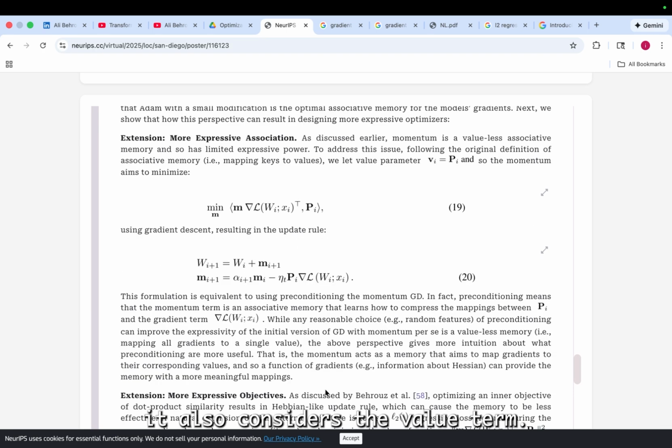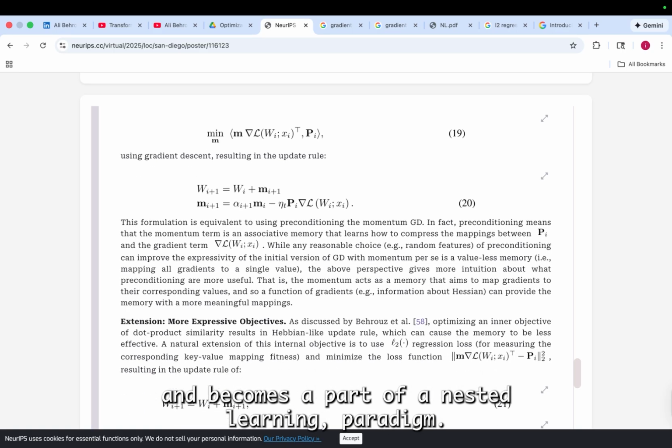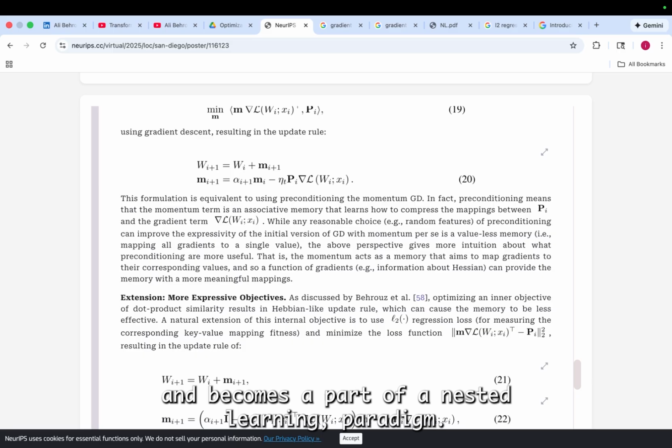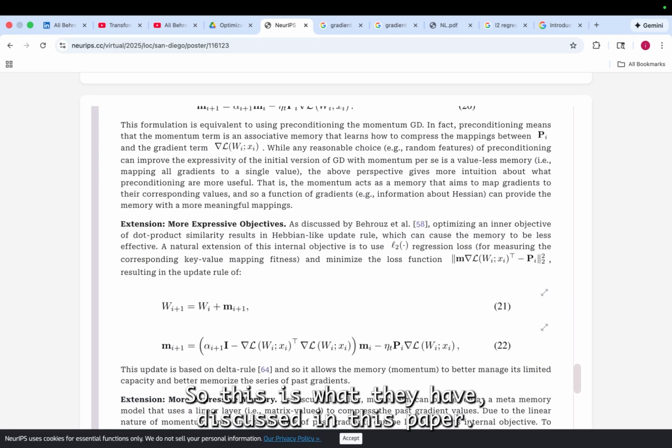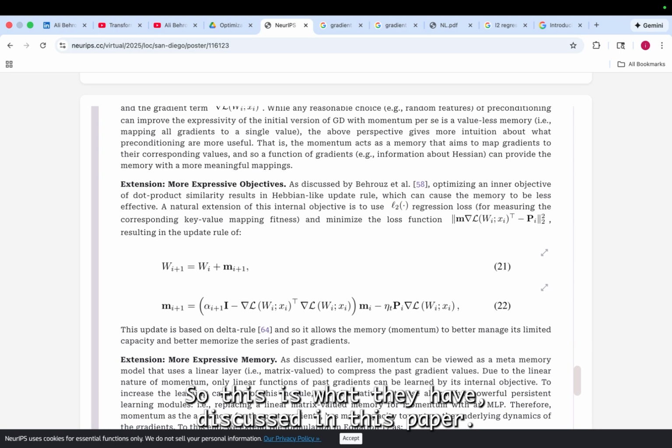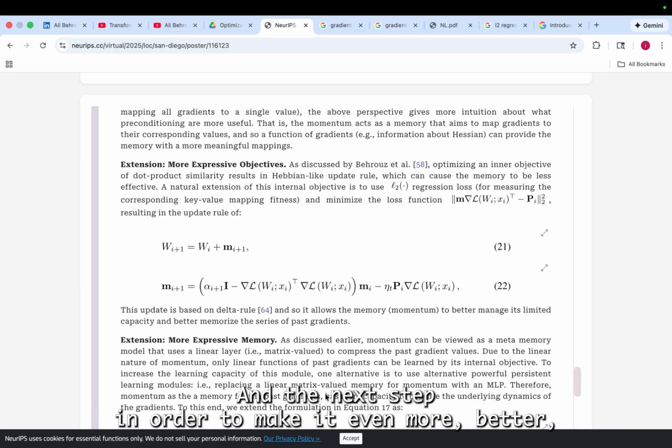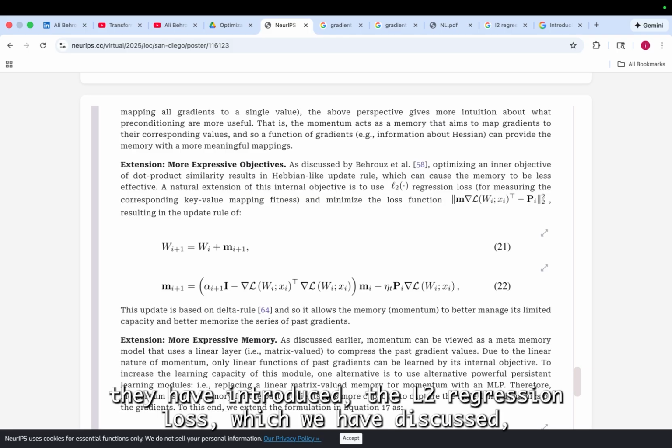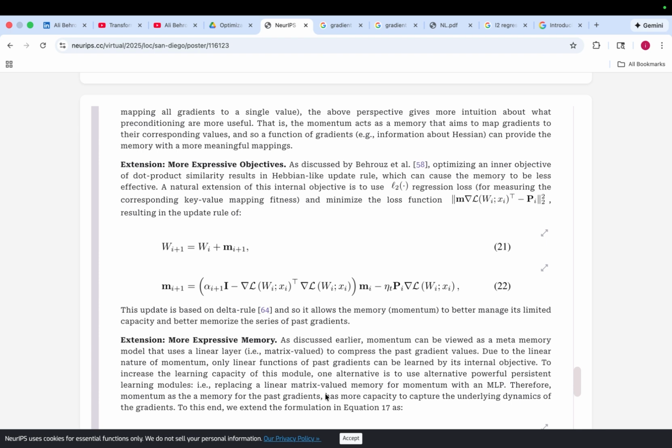It also considers the value term, and it also helps in updating the weights. So overall it is all being interconnected and becomes a part of the nested learning paradigm. So this is what they have discussed in this paper, and the next step in order to make it even better, they have introduced the L2 regression loss, which we have discussed before we started this paper.